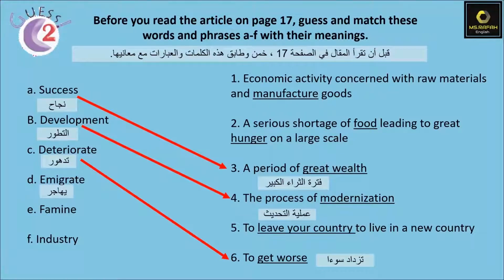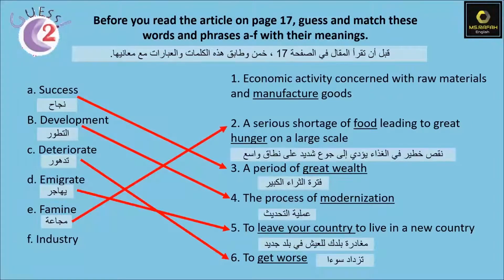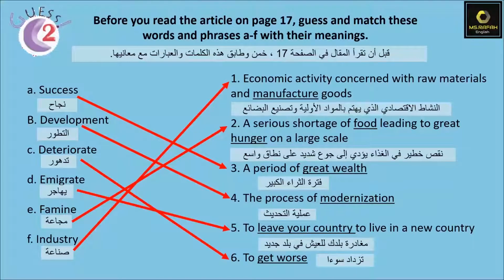Emigrate: to leave your country to live in a new country. Famine: a serious shortage of food leading to great hunger on a large scale. Industry: economic activity concerned with raw materials and manufactured goods.